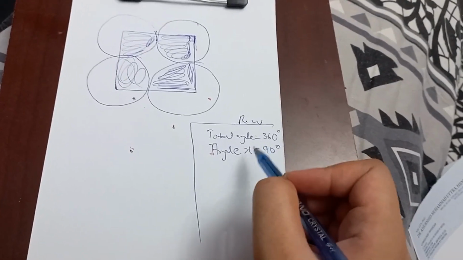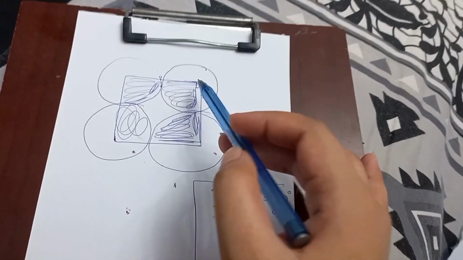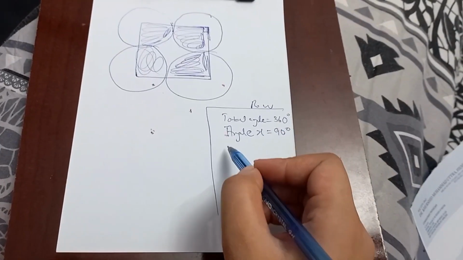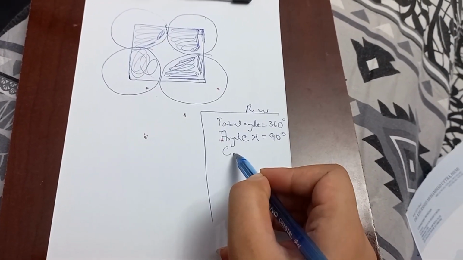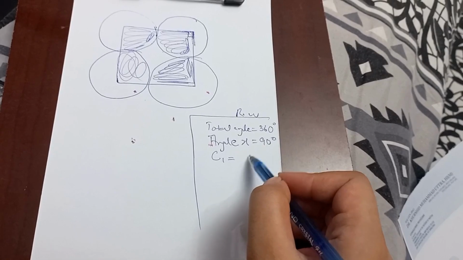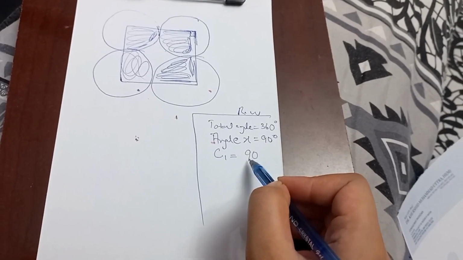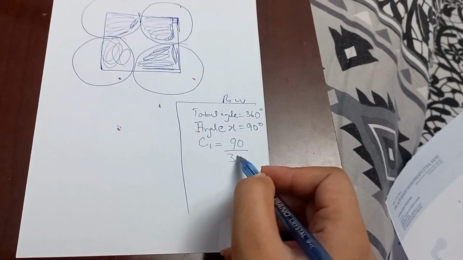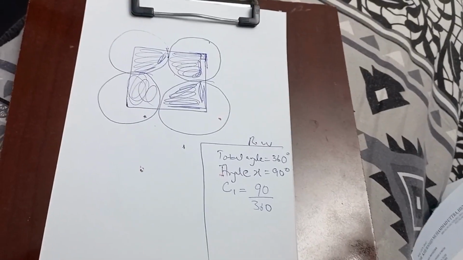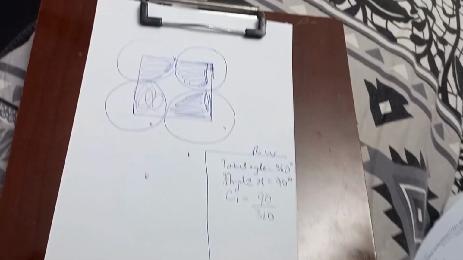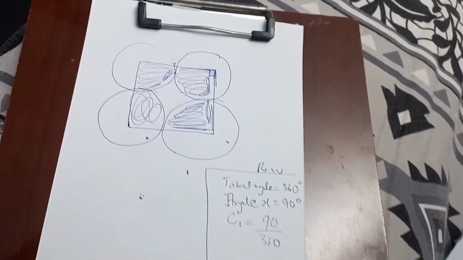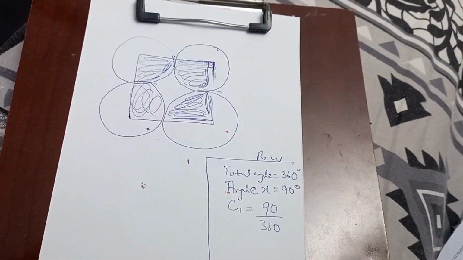To find out the contribution of the atom inside the plane, contribution C1, I will say, is equal to this angle, 90, divided by the total angle. Doing so will give us the part of the atom that is inside the plane.